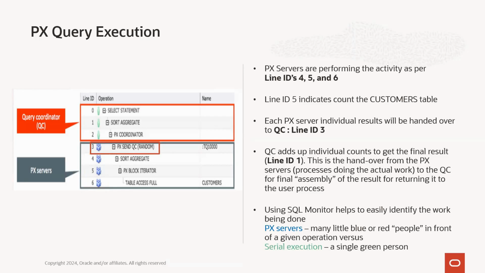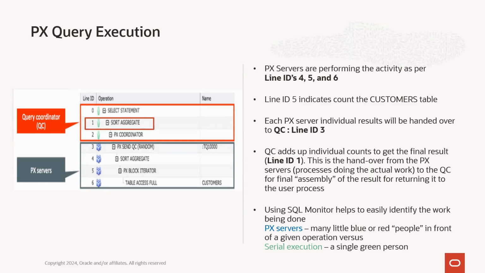So whatever operations were performed by the PX servers will be handed over to the QC, that is line ID 3. The QC adds up the individual counts to get the final result, which is line ID 1. So this is a handover from PX servers to QC, and the final assembly will be done by the QC.